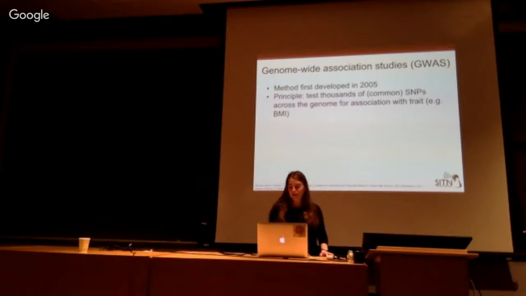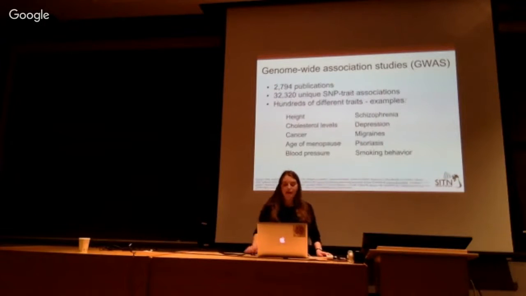So how do we get the data for GWAS? GWAS is really an incredibly explosive thing for something that's only been around for 10 years. It's the basis of 2,794 publications as of a couple days ago. And it's found 32,320 unique SNP-trait associations.